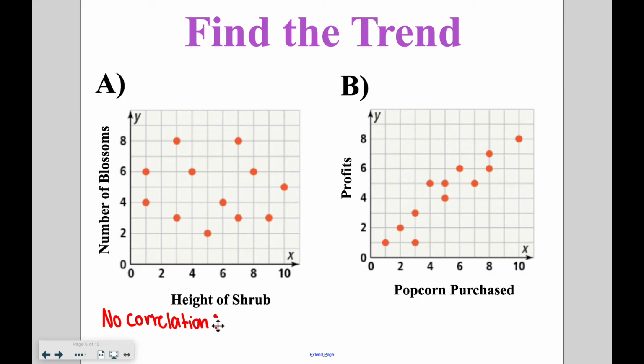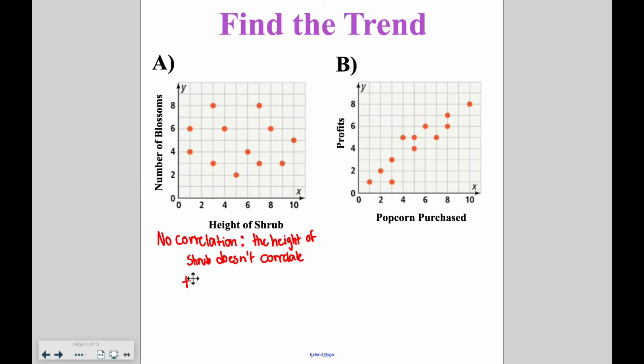So we would say no correlation. The height of the shrub does not correlate or does not relate to the number of blossoms.